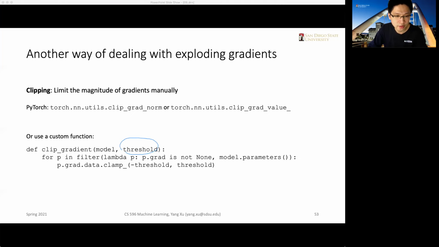Given the model and a threshold, we simply use clamp to limit the magnitudes of those parameters between negative threshold and threshold. So this is a very useful and easy-to-implement method when we want to set a limit on the magnitudes of the parameters.